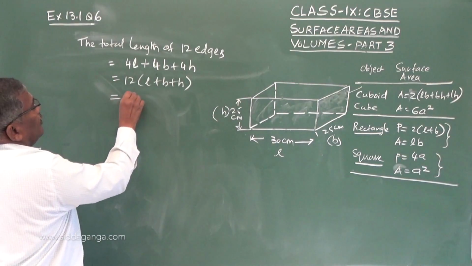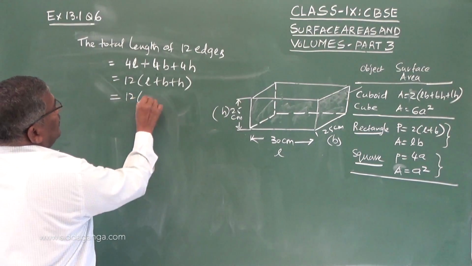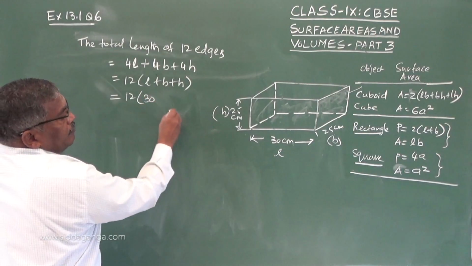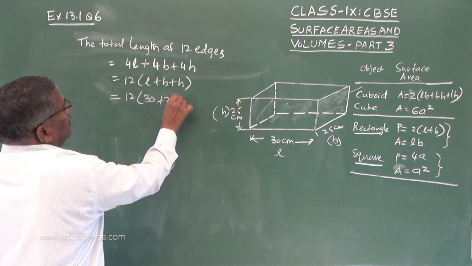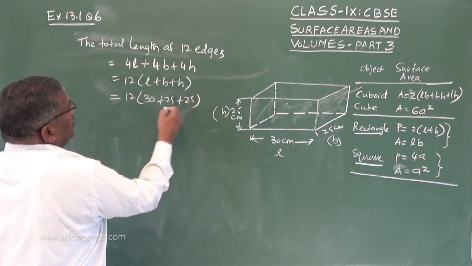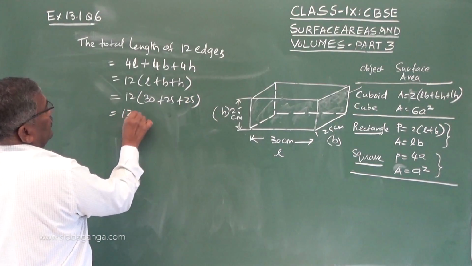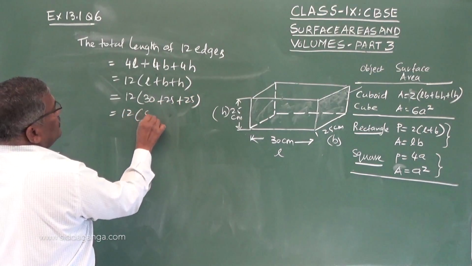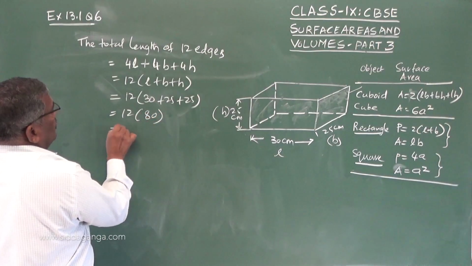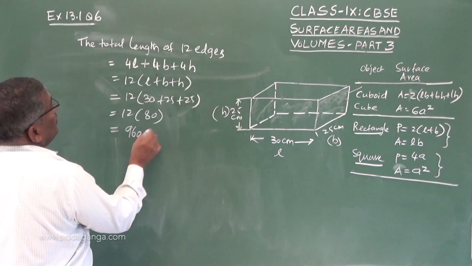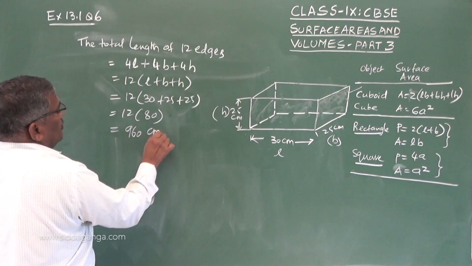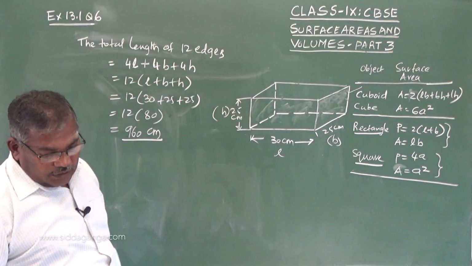So therefore 12 times, L is 30 and B is 25 and H is 25. So 12 into 50 plus 30 is 80. So 960 centimeter.